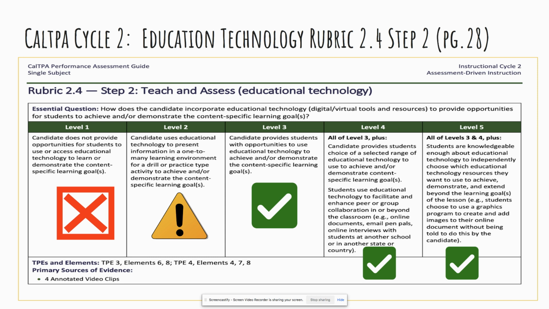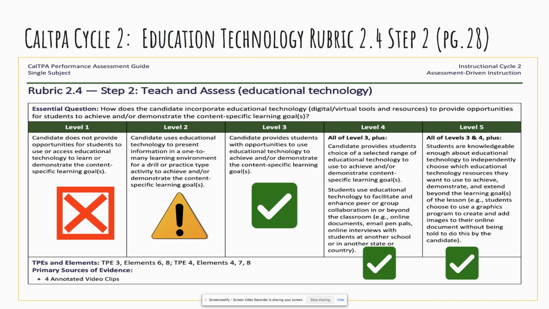They're able to apply the content standards and include graphics and images and narration without much direction. That would be a good example of a level 5 for Cal TPA Cycle 2, Rubric 2.4.